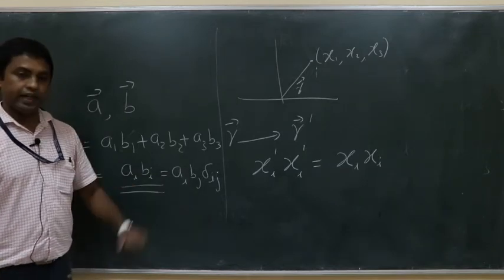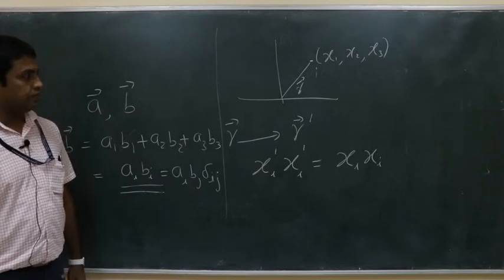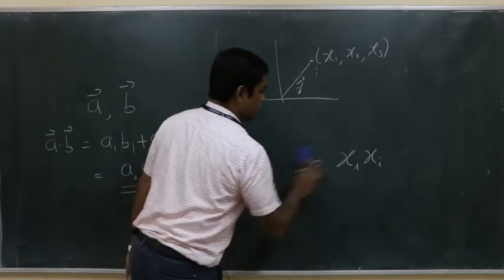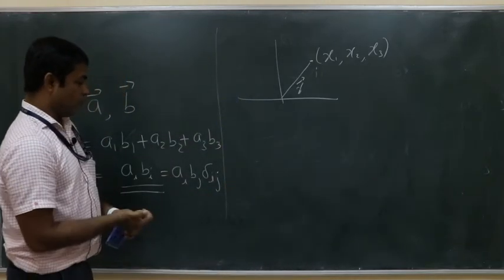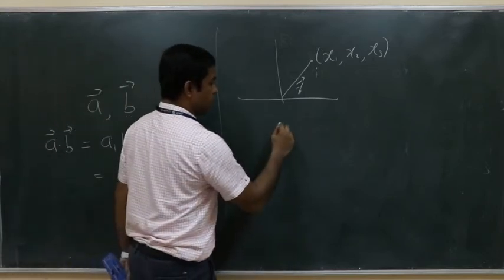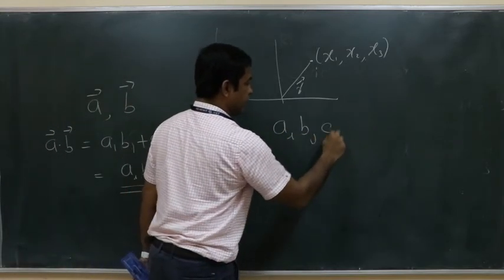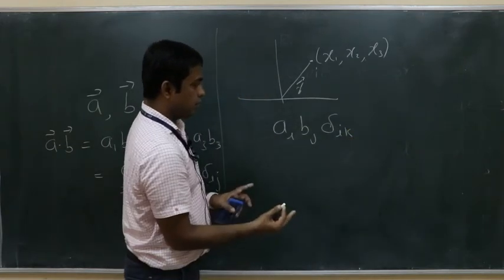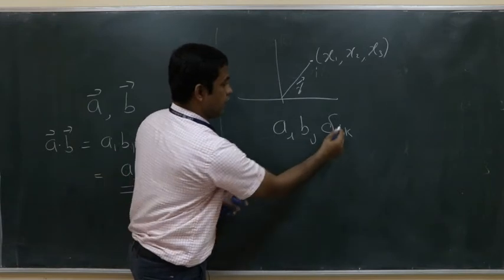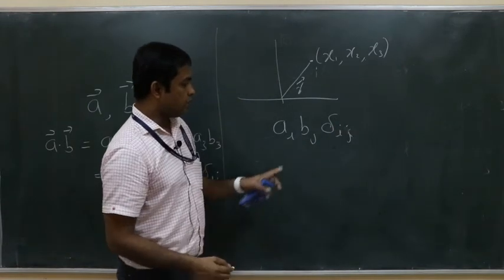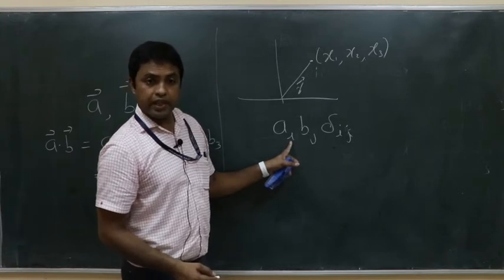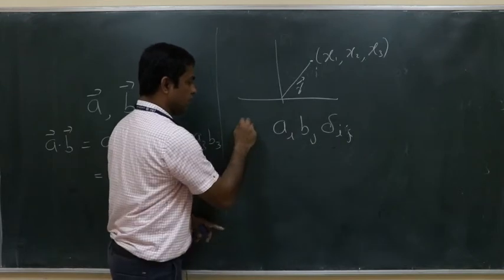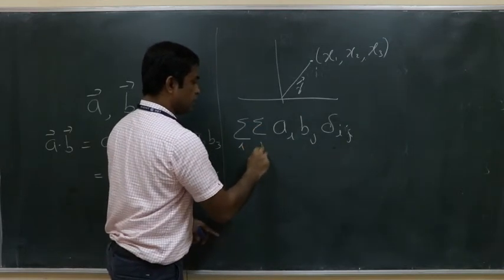So when I write AI BJ delta IJ, I and J are dummy indices here. I appears twice, J appears twice. So there is a summation over I and there is a summation over J.